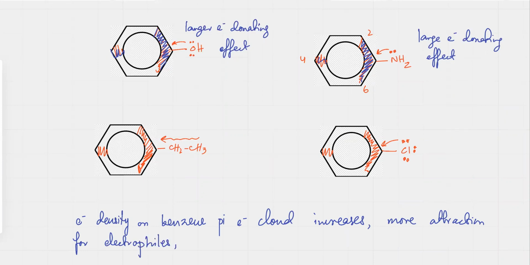So these types of benzenes are known as activated benzenes because their reactions are going to be more vigorous because of the stronger attraction for these electrophiles. So they're known as activated benzene. Why? Because faster electrophilic substitution reaction would happen.